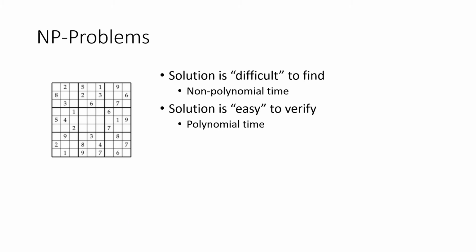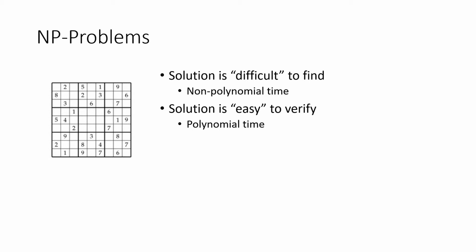But we also have this thing called NP problems, where a solution is difficult to find. And by difficult, we mean non-polynomial time. So for instance, you've probably seen Sudoku. A Sudoku solution is relatively difficult to find. Now if you think about Sudoku, it uses the numbers 1 through 9, but really it could be as large as possible.